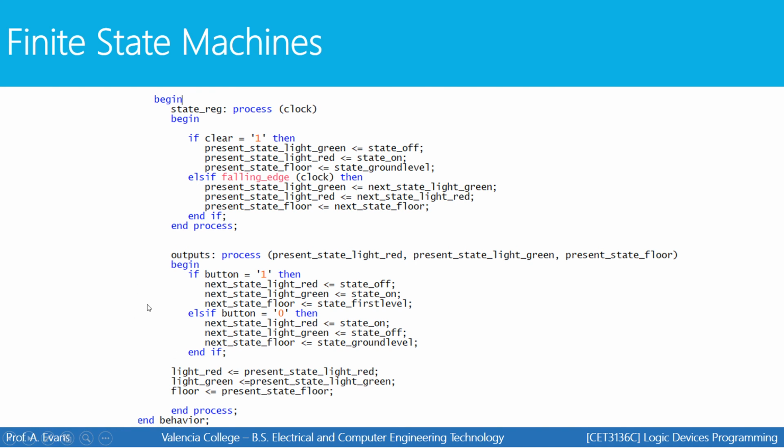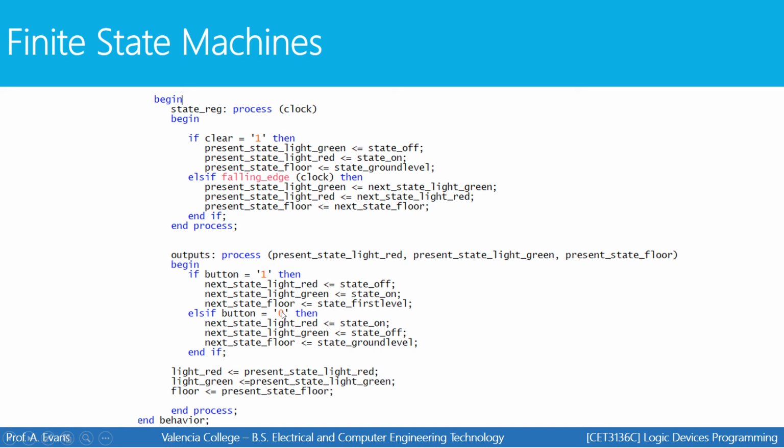Then we have our outputs process, where we basically determine what should happen if the button is 1 and if the button is 0. If the button is 1, we know that the red light should have a next state of off because we're going to the first floor. If we're going to the first floor, according to the specifications, the green light should be on, the red light should be off. Here's where we determine the next state.